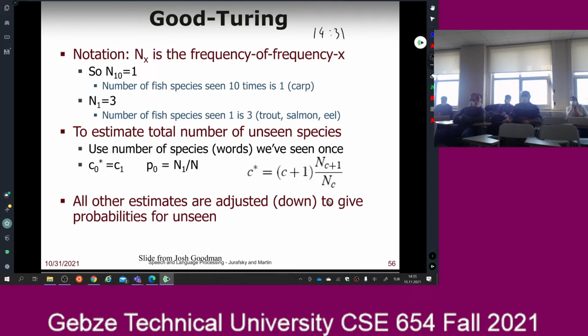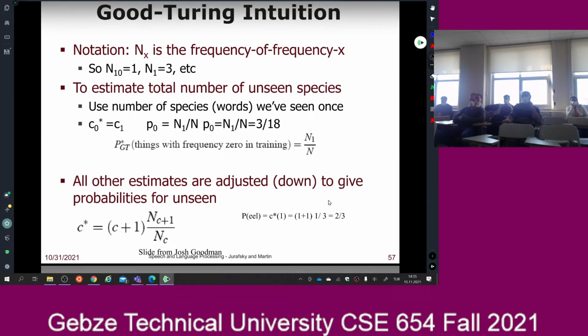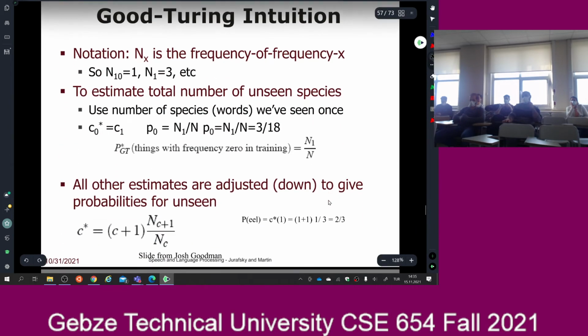But the effect that we are going to get will not be as severe as the smoothing that we get from the Laplace smoothing. So these are all the adjustments. Let's look at this one again. So GT means Good-Turing. P star GT is, of course, for things with frequency 0 in the training, 1 over n.